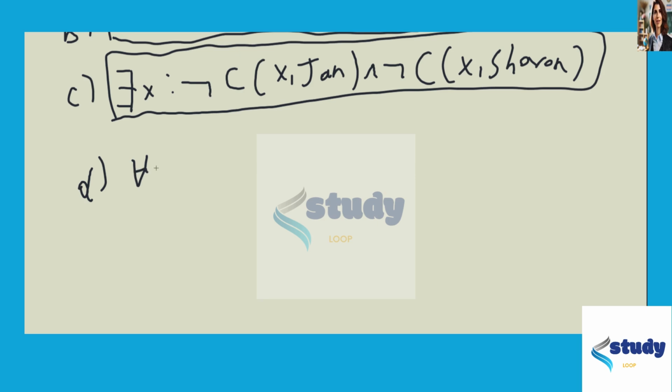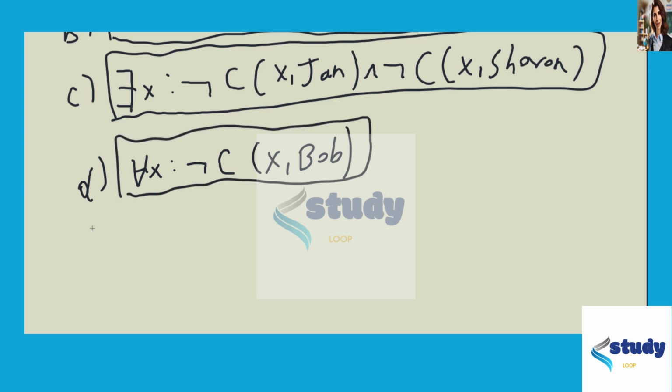So the upside down A here means for all x, such that the negation of C of x, y, and then we replace y with Bob. So C of x and Bob. All right, there is part D.